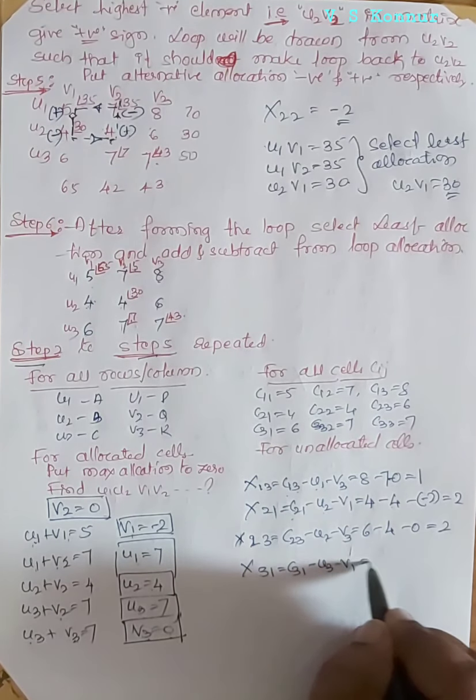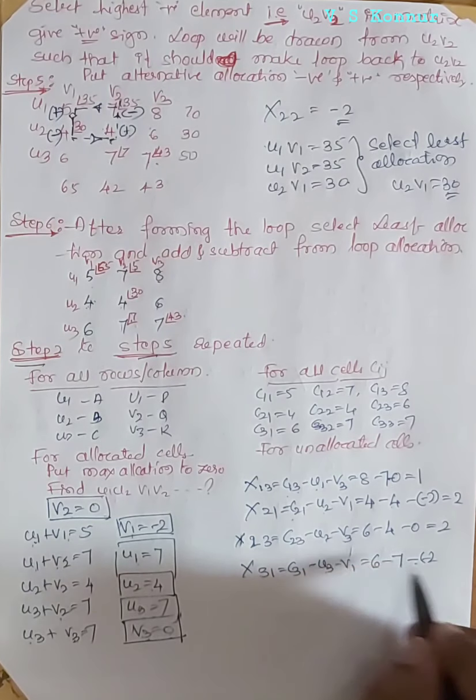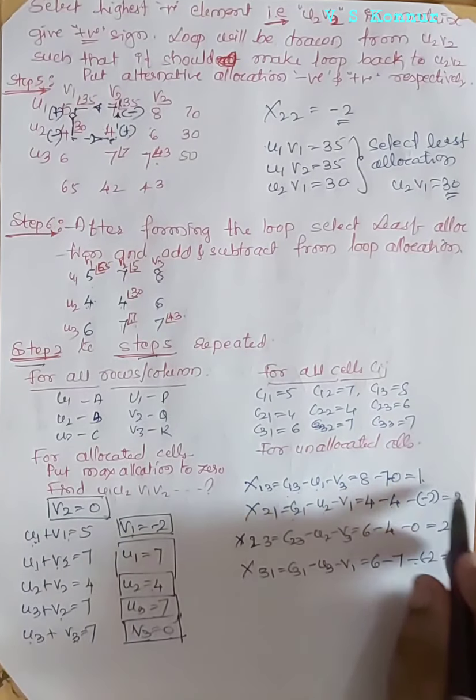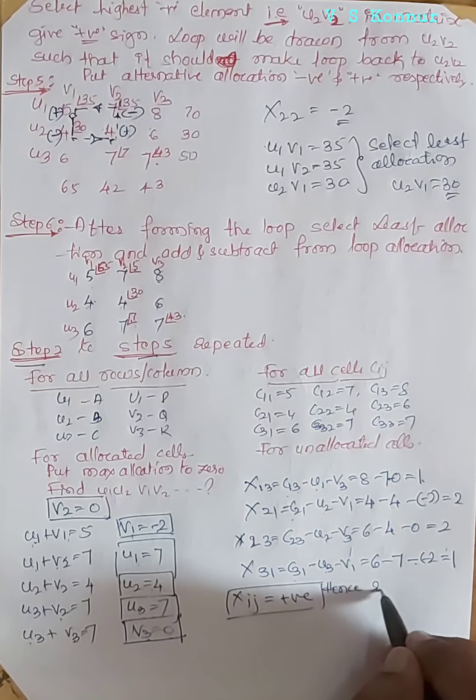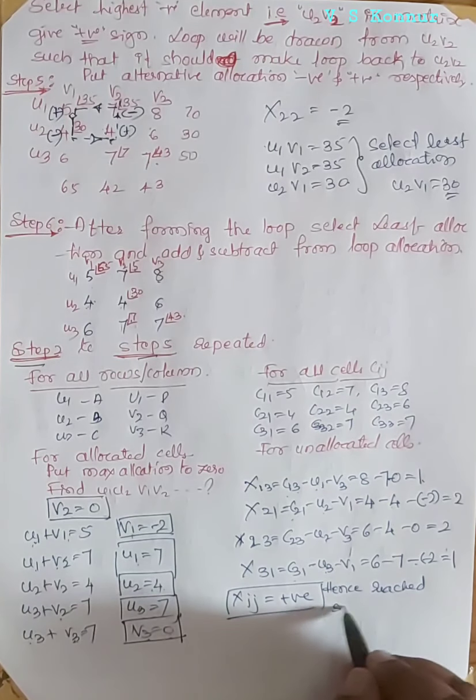C31 is 6, minus u3 we have calculated as 7, minus v1 is equal to minus 2, so minus of minus 2 is plus 2, 8 minus 7 is equal to 1. So all the xij values are positive, all the xij positive, hence we have reached the solution stage.